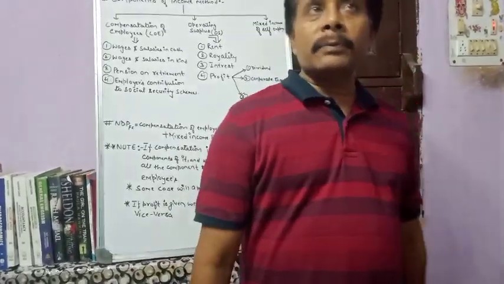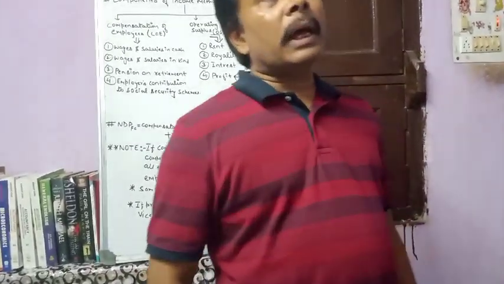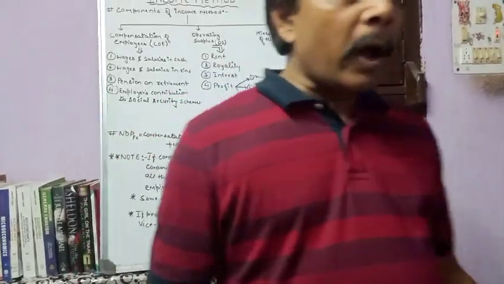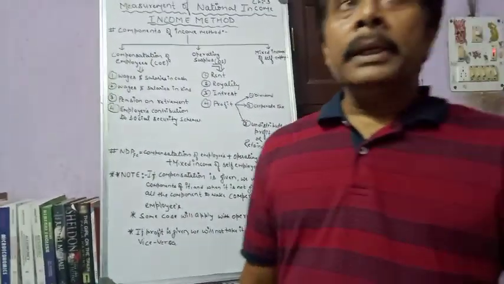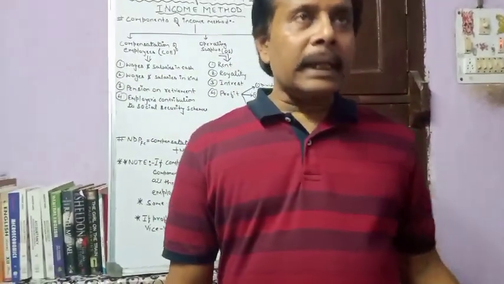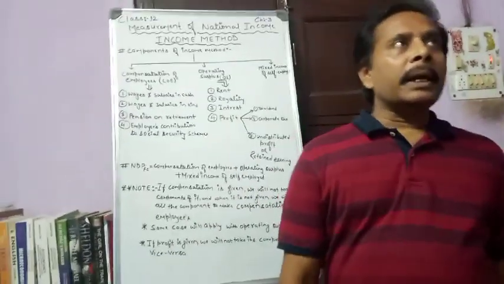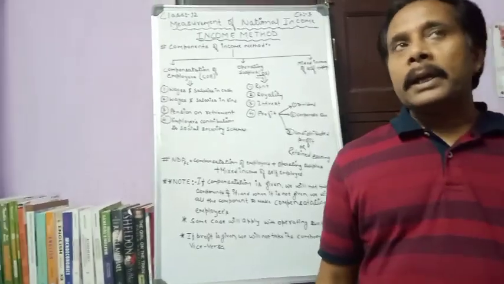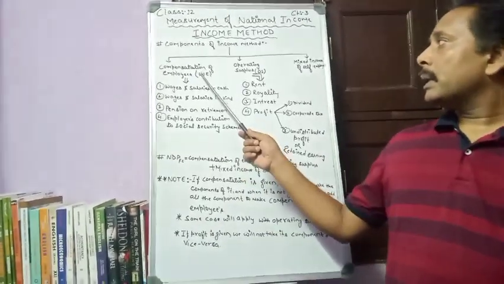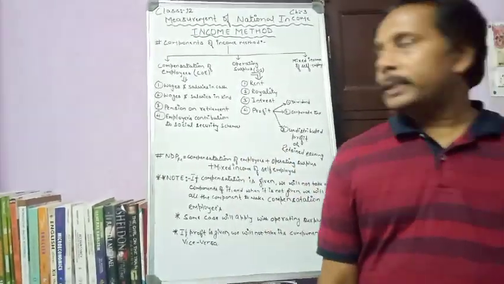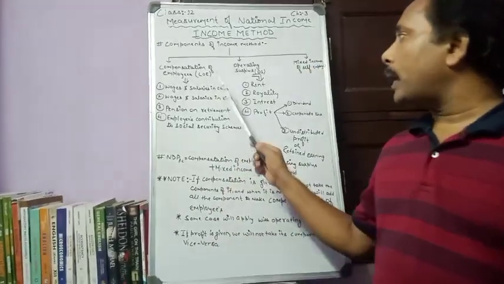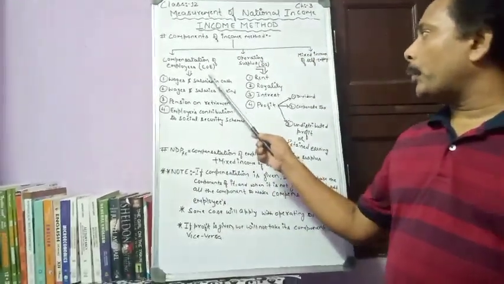In other words, we can say all the employers provide wages and salaries and other facilities to their employees, and that is known as compensation of employees. Compensation of employees is divided into four parts.